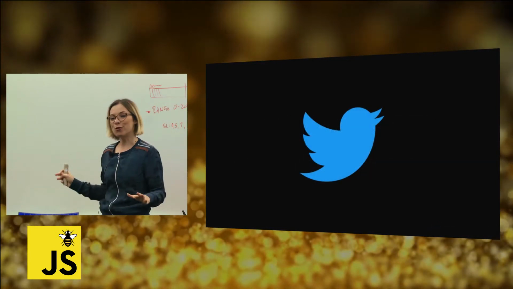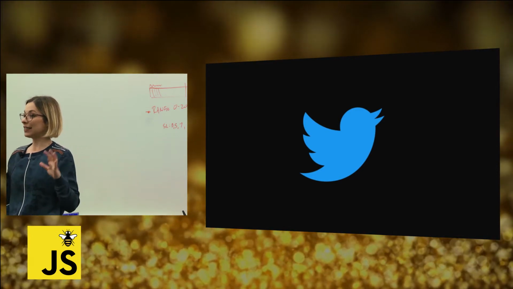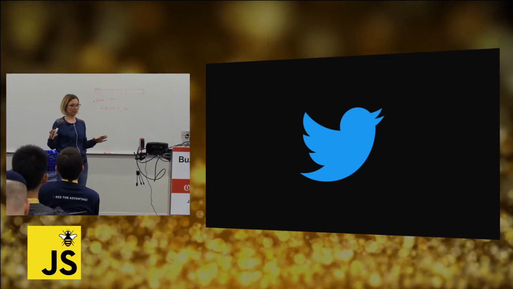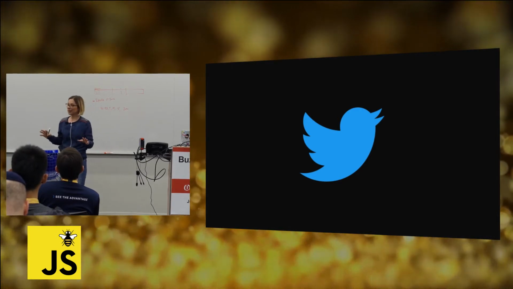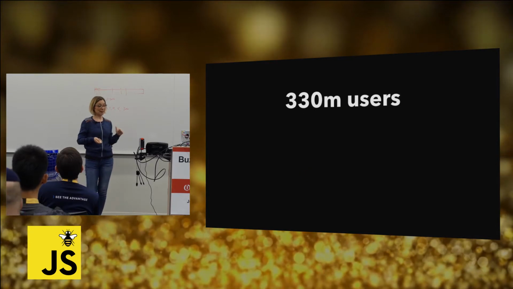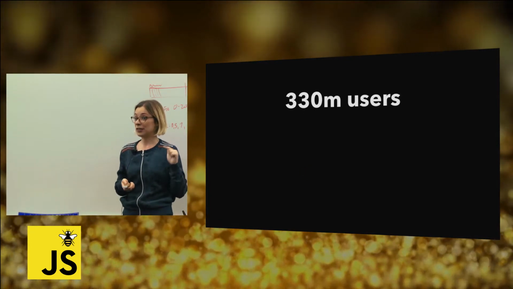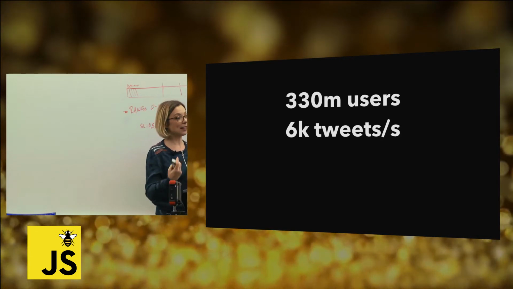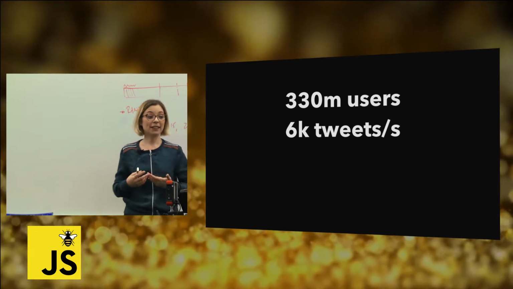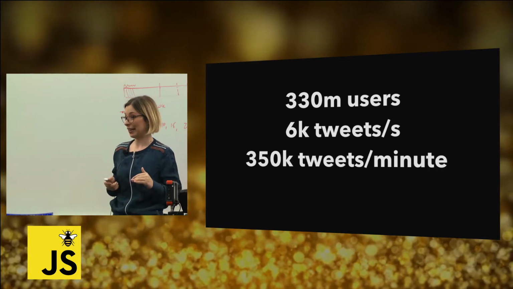Okay, so before we dive right into it, I want you to take a second and think about Twitter, and think about Twitter in terms of scale. So Twitter right now has 330 million users. And if we think about that in terms of tweets, that means that every second, 6,000 tweets get created.